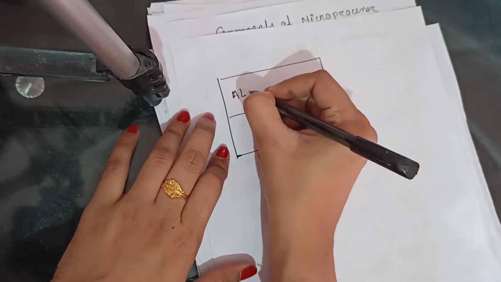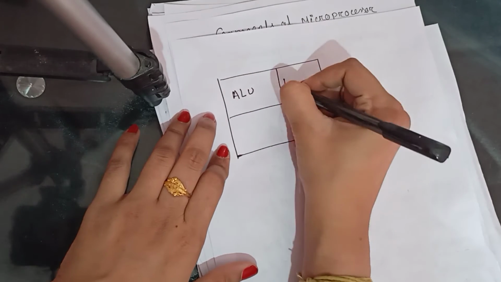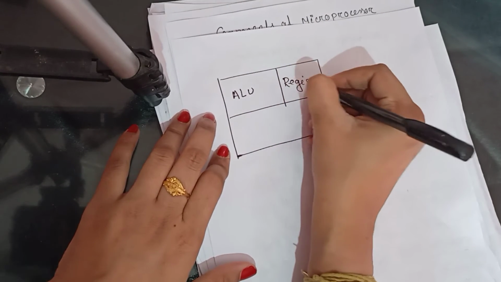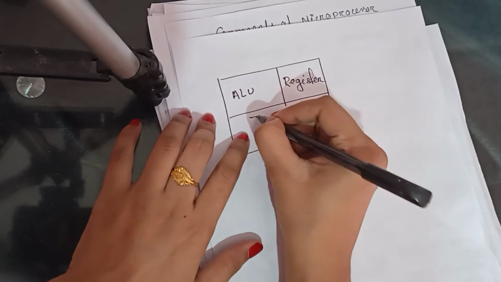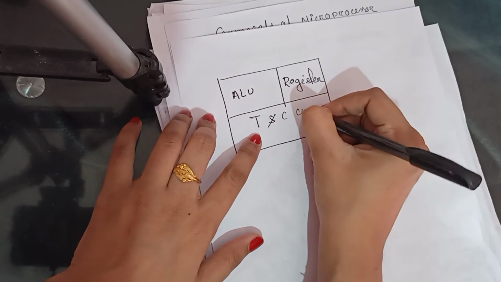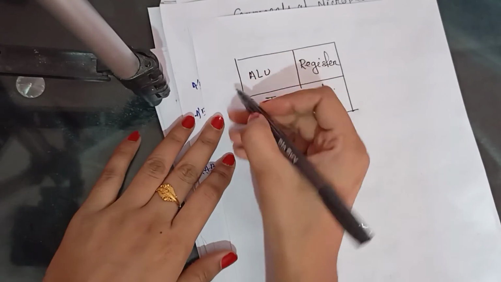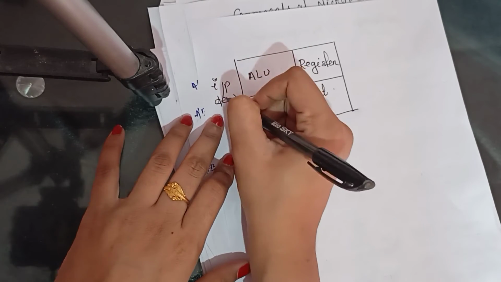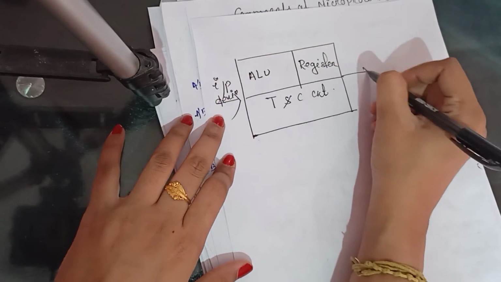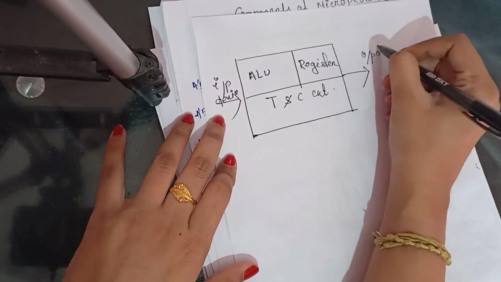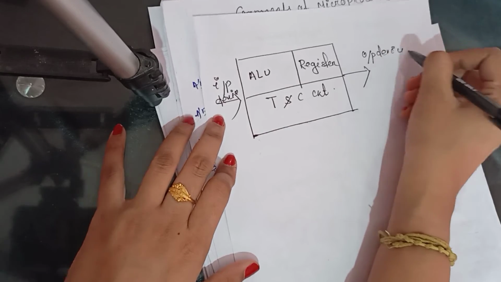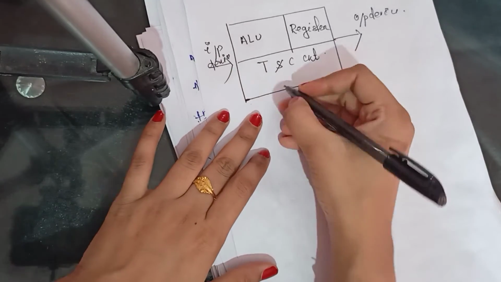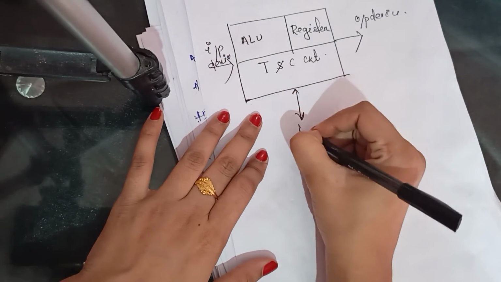This is your arithmetic logic unit, this is your register, and this is your timing and control circuit. On this side this is your input device, this is your output device, and this is your memory unit.